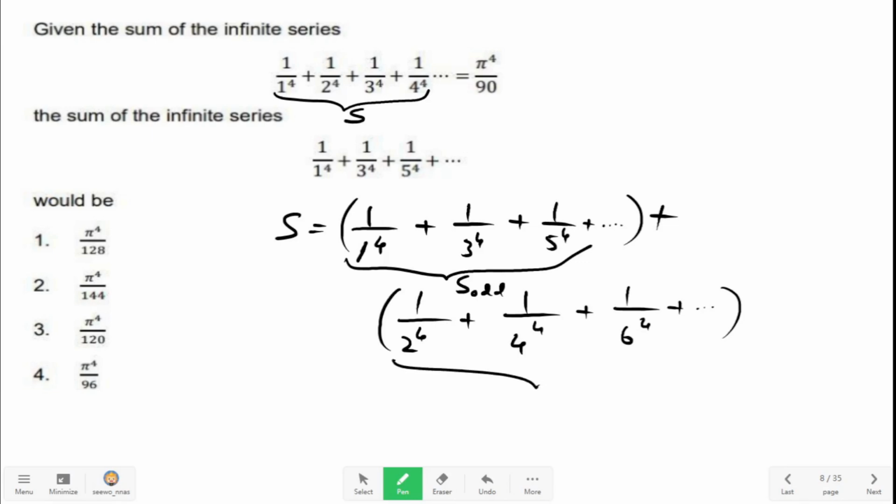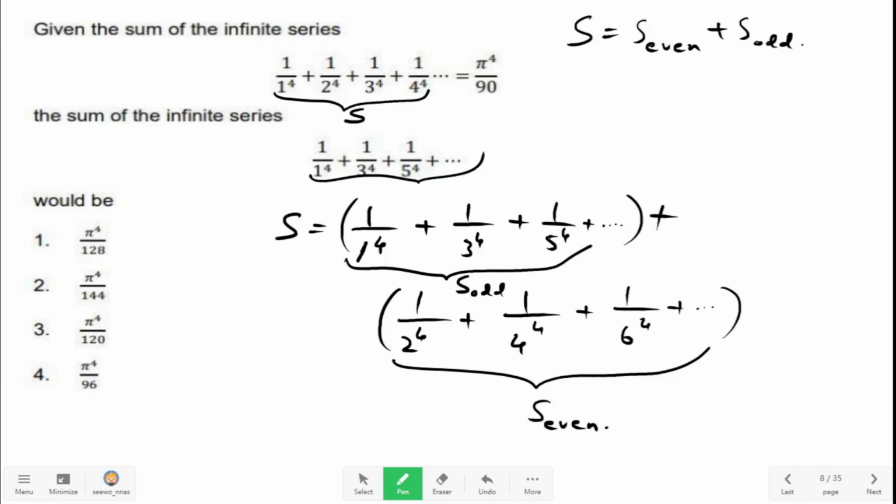And let us name the second sum S even, because in all of its terms the denominator is an even number raised to 4. Therefore we can write S is equal to S even plus S odd. We have to find S odd.